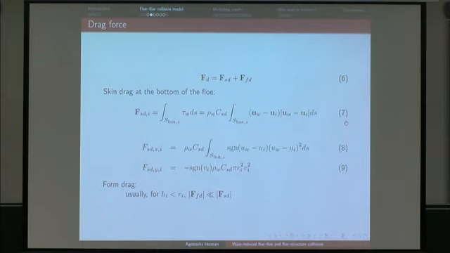And the same is true for the drag force. In general, it is a sum of skin drag and form drag. In all my calculations, I used objects that were flat, so their horizontal dimensions were much larger than the ice thickness, and I used only a skin drag, but it can be easily extended to form drag as well.